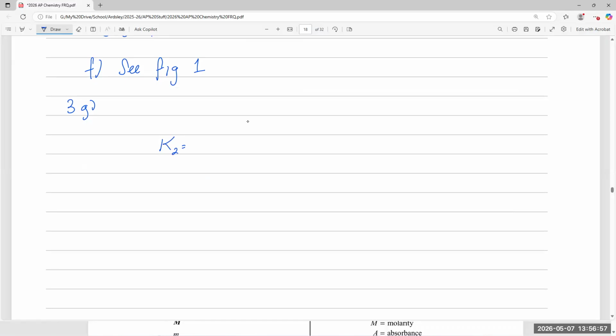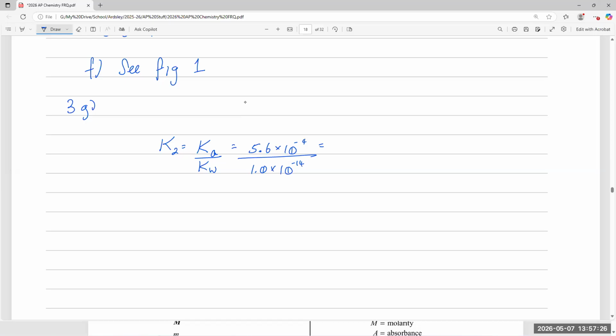K2 is going to be equal to Ka divided by Kw. You don't have to justify, you just have to solve for it. Ka is 5.6 times 10 to the minus 4. Our Kw is 1.0 times 10 to the minus 14.